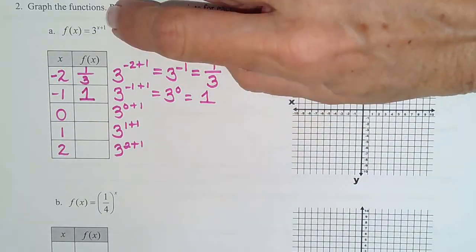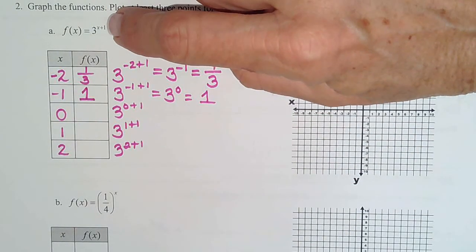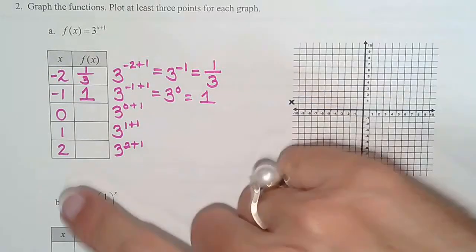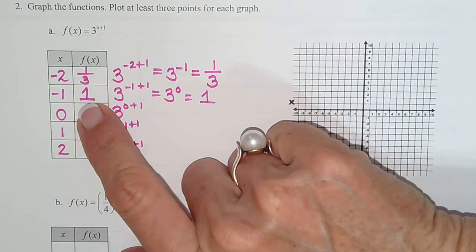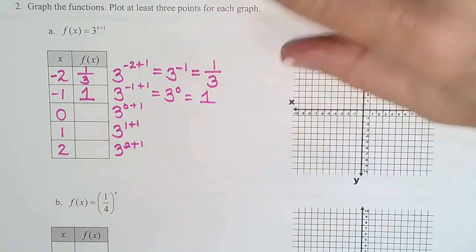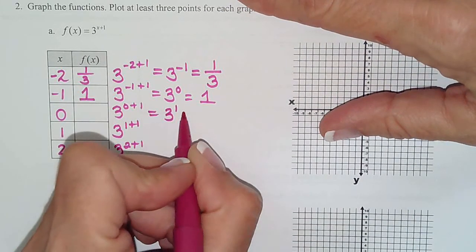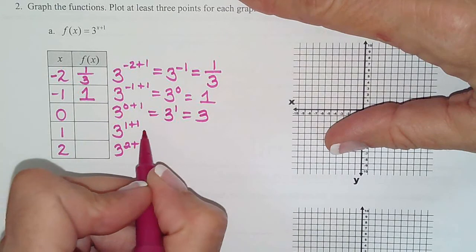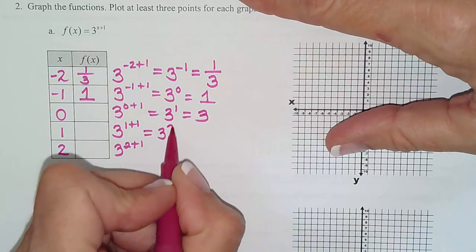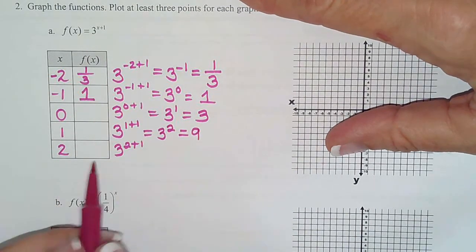And this one's been shifted. Remember, when it's with the x, it shifts the opposite. So this graph is going to be shifted left 1. That's why the point (0, 1) isn't on the graph, because it's been shifted left 1. 3 to the 1st is 3. 3 to the 2nd is 9. And this is what I mean.